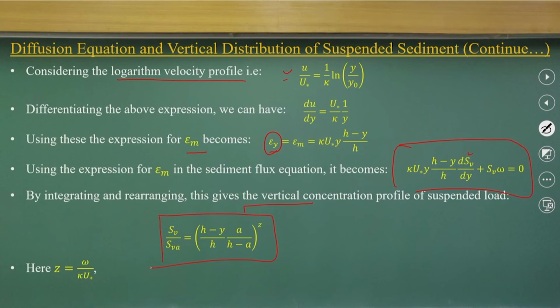Now, more details in terms of flow depth: y is the position, and there are a and the Z values. Z is a non-dimensional parameter, which we define in terms of settling velocity and the shear velocity.